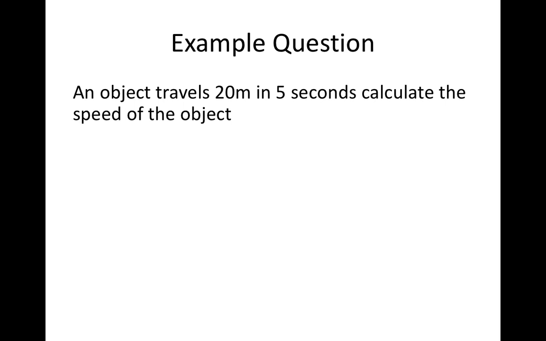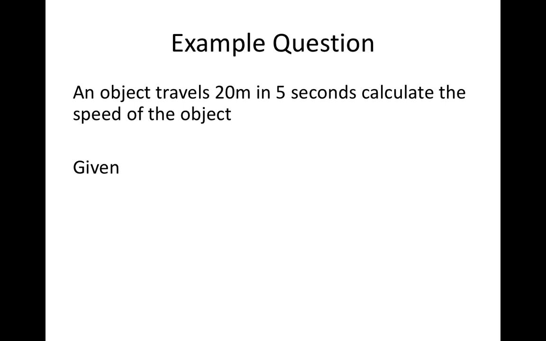Here's an example question. An object travels 20 meters in 5 seconds. Calculate the speed of the object. So we write the word given, and I want you to follow these steps when you do these problems. Write given and write down the information that you have in the question. Sometimes this can be a little more challenging than you might suspect.